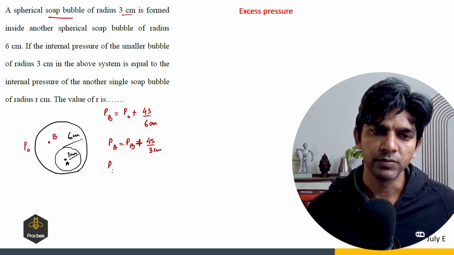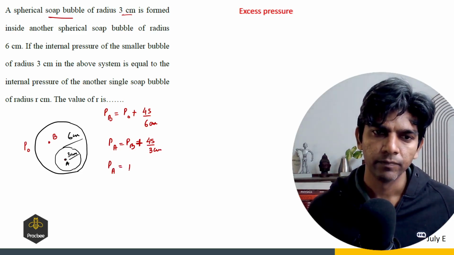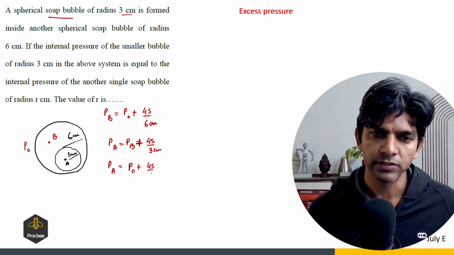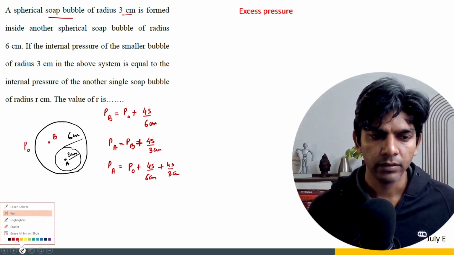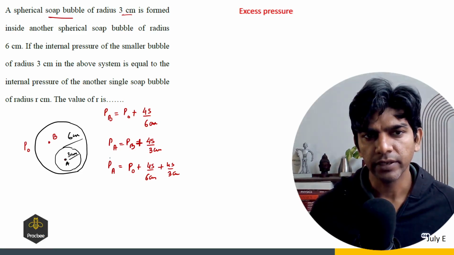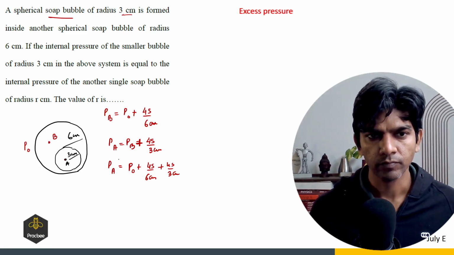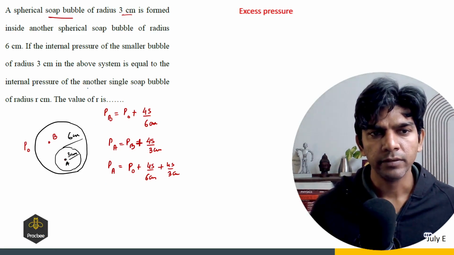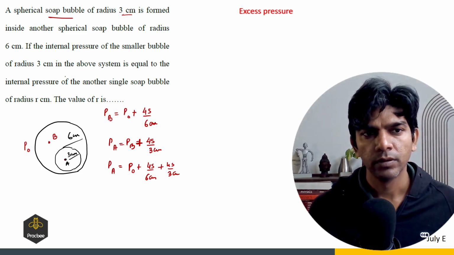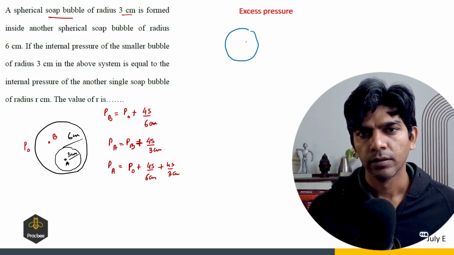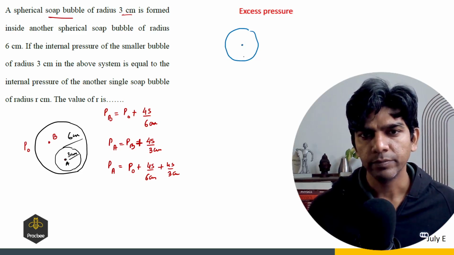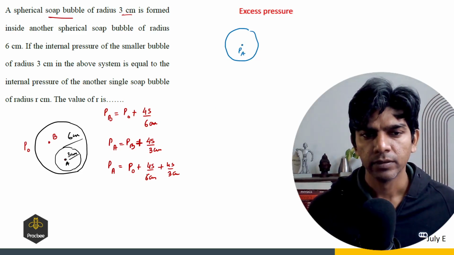So we can write pressure at A is equal to P naught plus 4S by 6 centimeter plus 4S by 3 centimeter. Okay, and now we are given that the internal pressure of another soap bubble is the same as A. So there is another soap bubble which has the same pressure as A, right? Pressure at A.